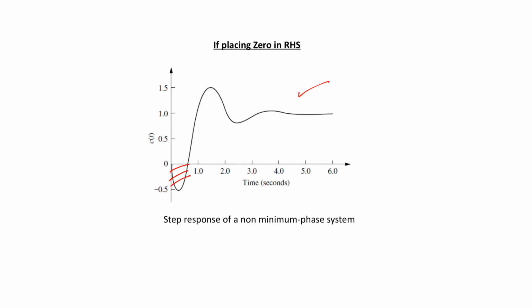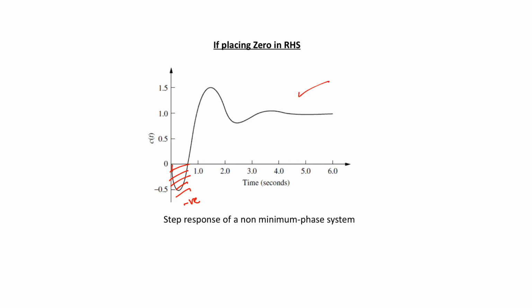Because of that, and since it is near the axis, this derivative term is dominant and it is negative as compared to the scaled term, and as a result we are getting negative here. As the sign of the input is reversed, notice that the response begins to turn towards the negative direction even though the final value is positive.